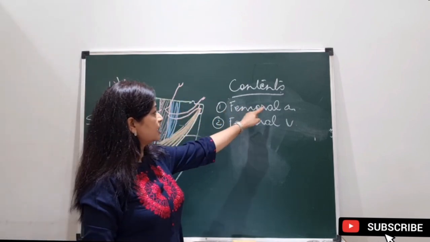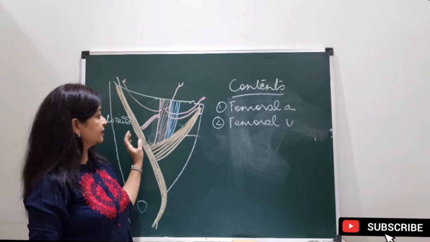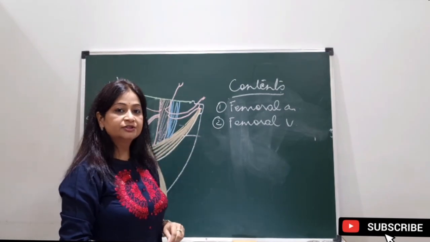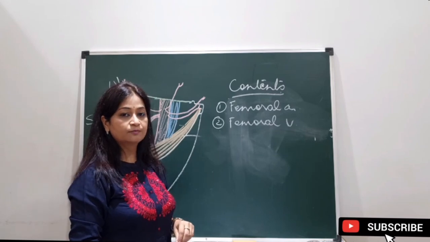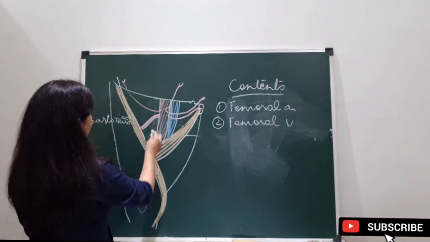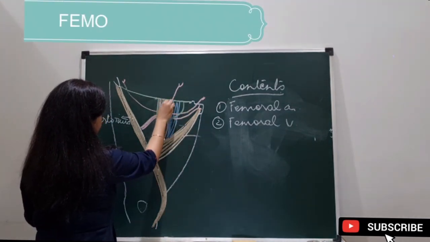So the femoral artery and the branches are an important content of this triangle. Along with the femoral vein, the upper 3 to 4 centimeters of these vessels are actually enclosed in a sheath known as the femoral sheath.